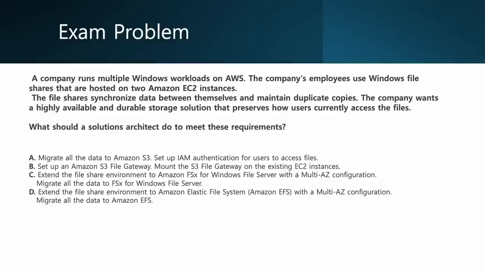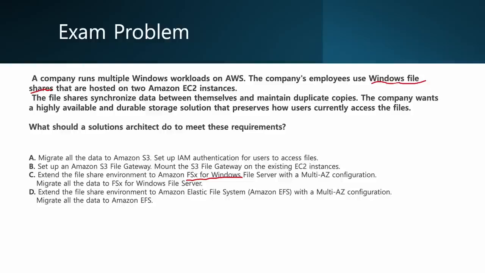First of all, we said that we are using our Windows file sharing system. When you think of a Windows file sharing system, the service that comes to mind is FSx for Windows File Server. That service is in option C. Let's read option C to see if it's the right solution. It is using Amazon FSx for Windows File Server and multiple AZ configuration for high availability.